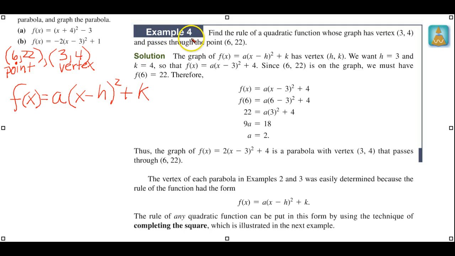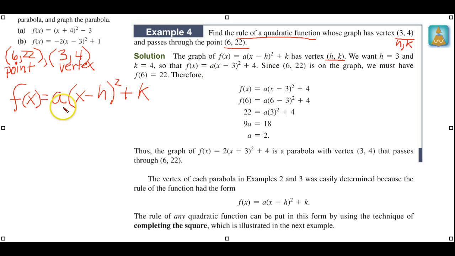So in example 4, we're asked to find the rule of the quadratic function whose graph has the vertex of this and passes through this point. So the first thing we do is recall what is our general rule if we know the vertex. That is, we know h and k. So h is going to be 3, and k is going to be 4.